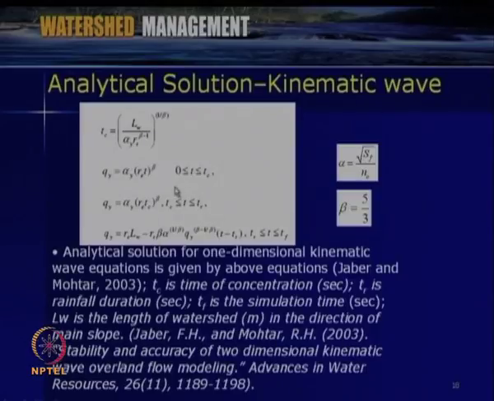An analytical solution for the one dimensional kinematic wave equation can be derived, but this is only suitable for very simplified problems, rectangular domains with very simple boundary conditions. Here this Q can be used to identify the flow variation, and Tc is the time of concentration, Tr is the rainfall duration, Tf is the simulation time, and Lw is the length of the watershed in the direction of main flow.